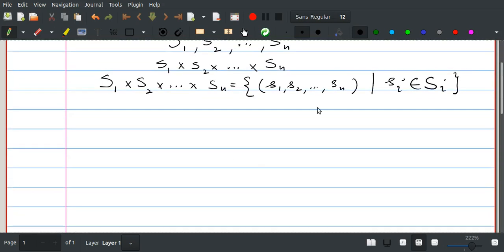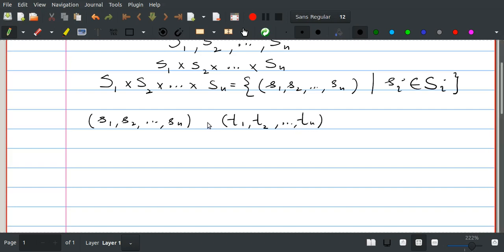We claim that this set is a group with respect to the binary operation defined by: suppose we have two elements in this set S1 cross S2 through Sn, say S1, S2 through Sn, and T1, T2 through Tn.